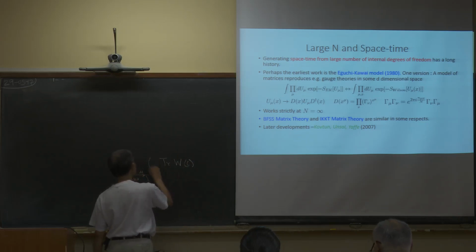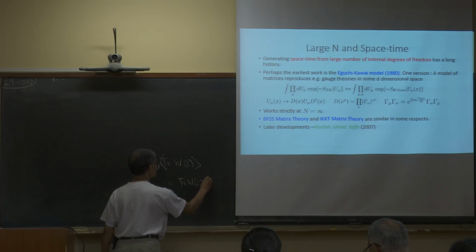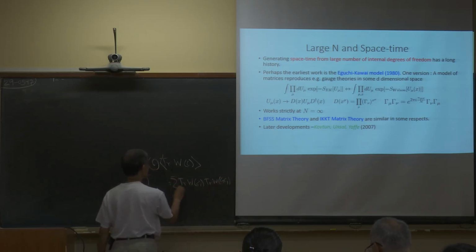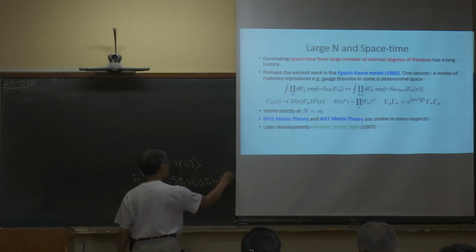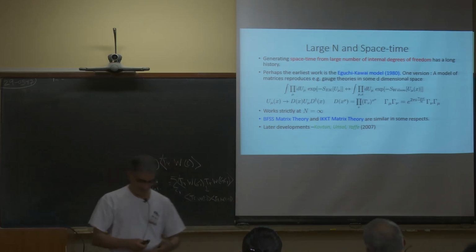So there is some operator acting on this thing, and on the right hand side its expectation value is usually a trace W_C1, trace W_C2. I'm writing in a very rough fashion, this kind of thing, and large N comes by replacing this by trace of W_C1 times trace of W_C2. That's where the large N comes in.